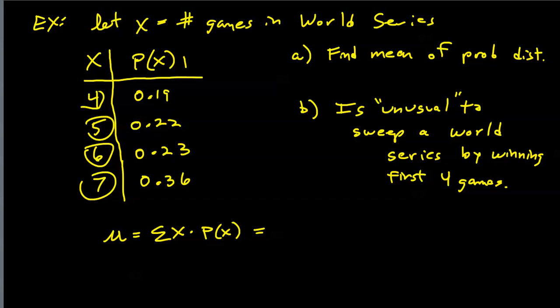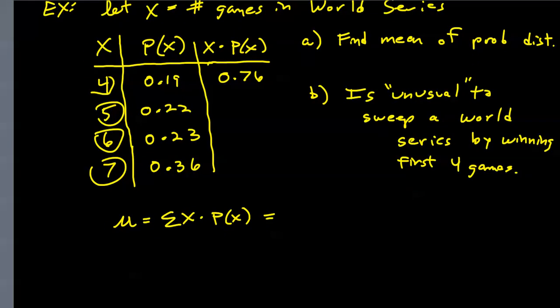I'll make an x times p of x column: 4 times 0.19 equals 0.76. 5 times 0.22 is 1.1.